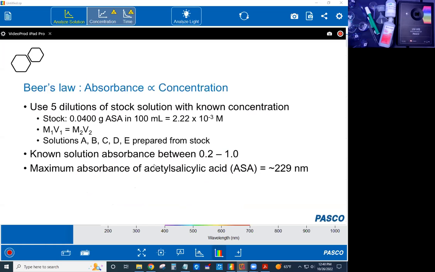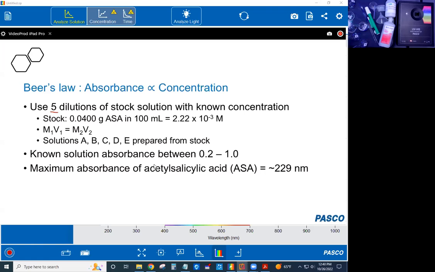So the principle behind what we're doing today, how we're going to do the analysis. Well, because absorbance is directly proportional to concentration according to Beer's law, we can make a calibration curve of 5 solutions of known concentration.